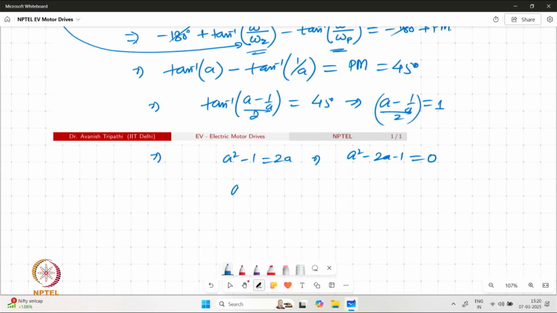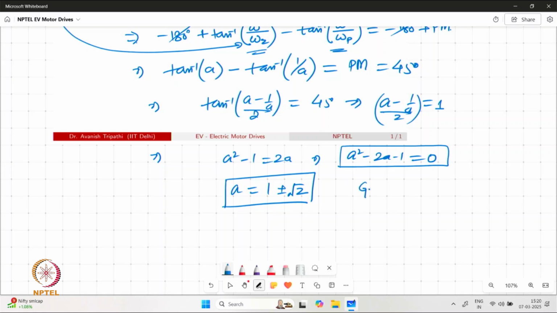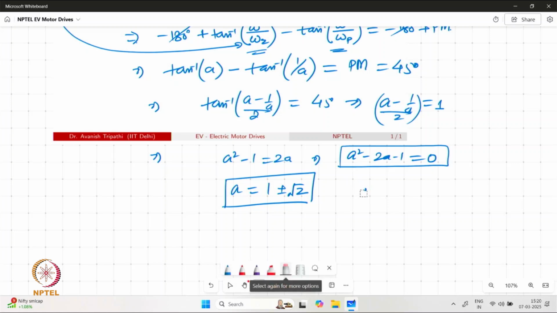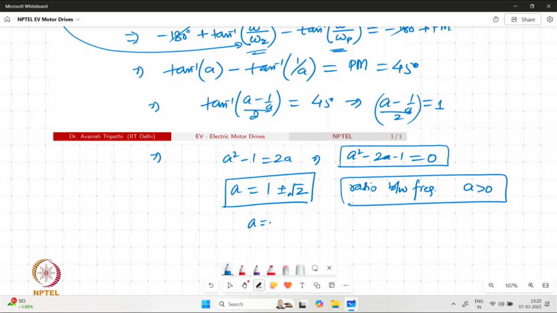Now this quadratic equation will have two solutions, and that can be written as 1 plus minus root 2. Now because we are looking for ratio between frequency, so A must be a positive number, and hence value for A is chosen as 1 plus root 2.